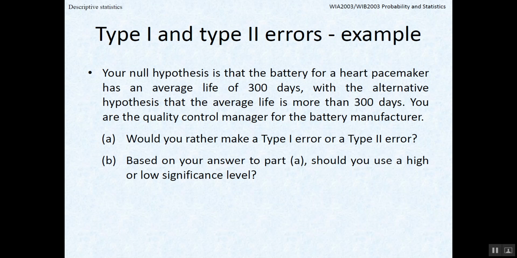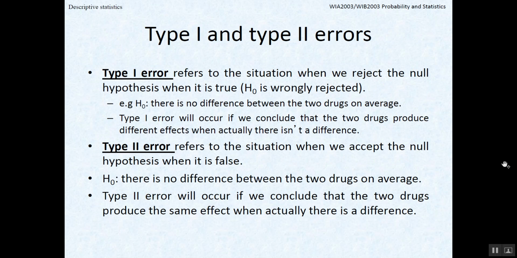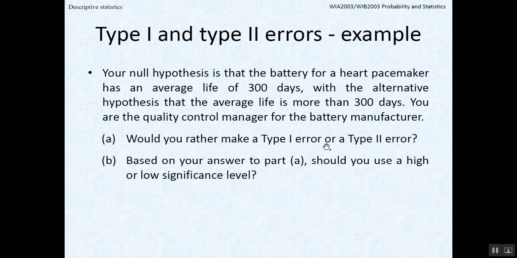Type 1 error is falsely rejecting the null hypothesis, correct? Type 1 error is H0, the null hypothesis, wrongly rejected when actually there is no difference, correct? So would you rather make type 1 error or type 2 error? Okay, if you ask me, I would rather make type 2 error.